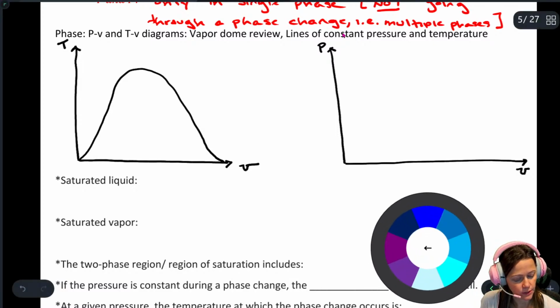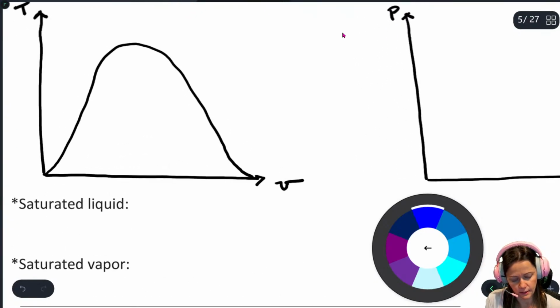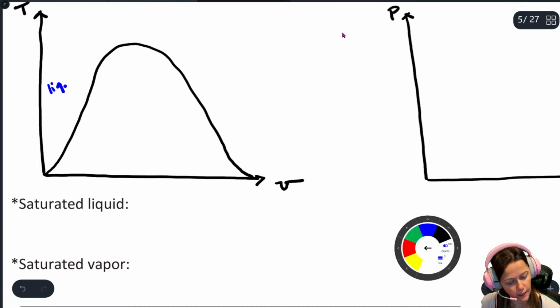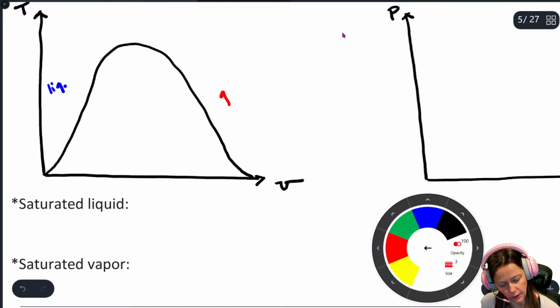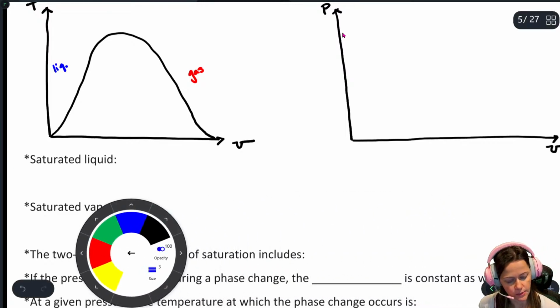And to the left-hand side, you've got liquid. And to the right, you've got gas. And we have a special name. If it's in a liquid phase, we call it a compressed liquid.